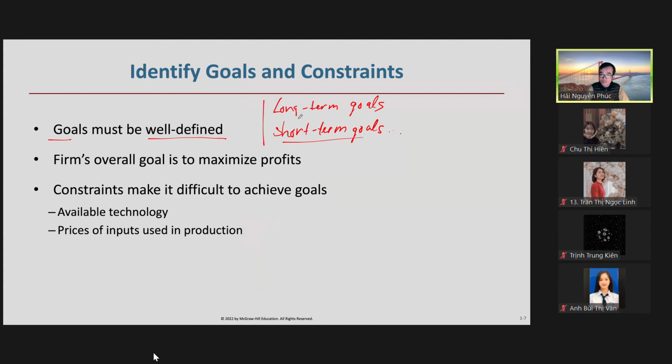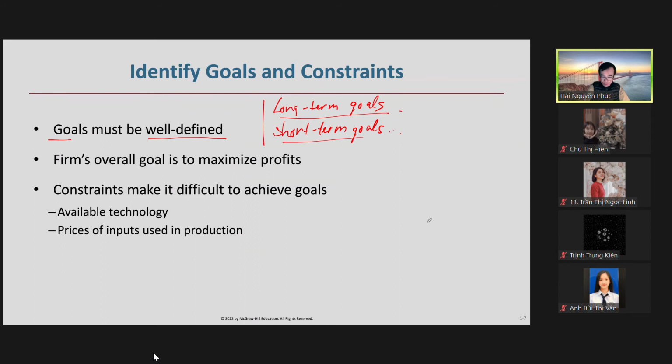For example, if you open the annual report of a company, let's say the Win Group company, often they tell you about the long-term goal of this company, and they often tell you about the short-term goal of the company. And to make it well defined, they will explain how they will achieve the goal.